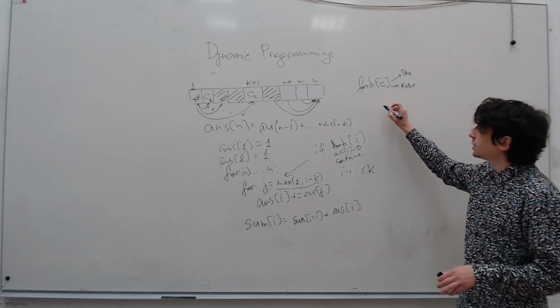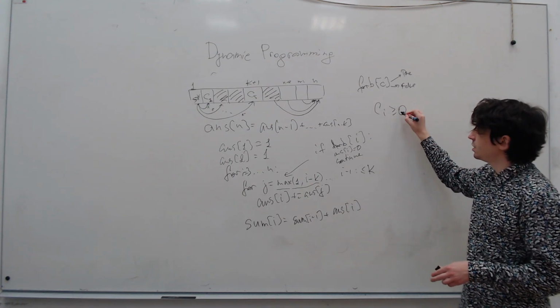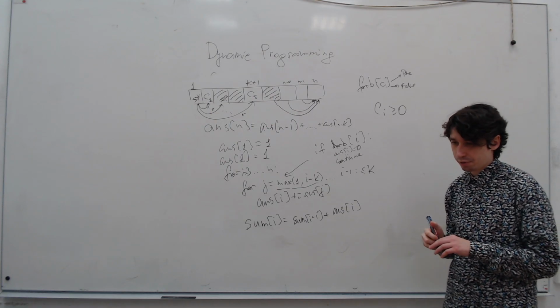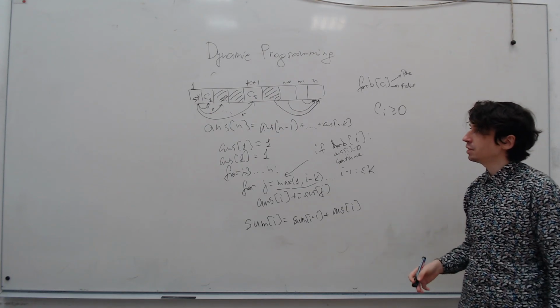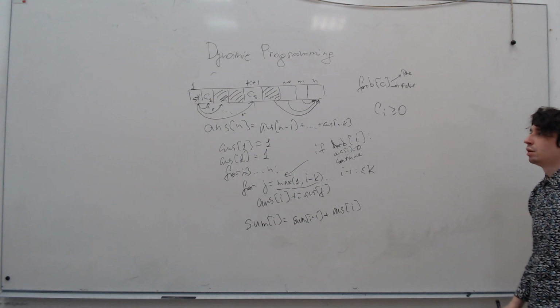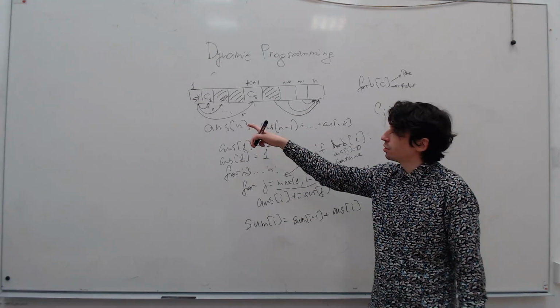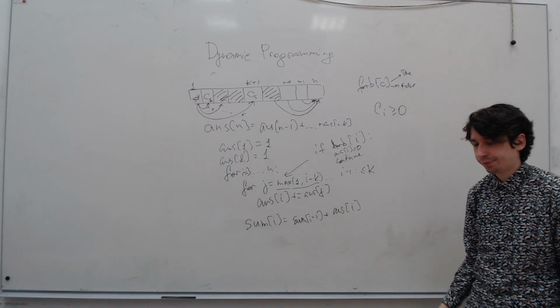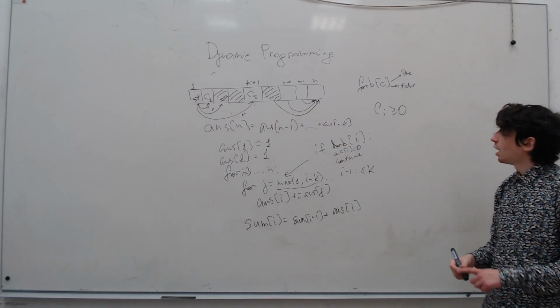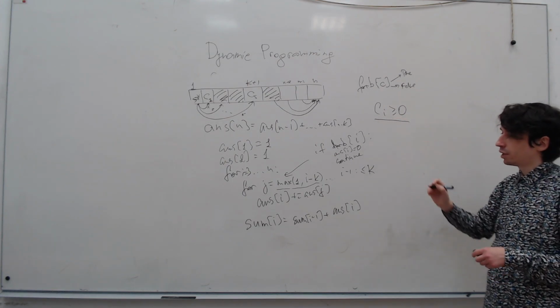If Ci is greater than or equal to 0, can you tell me how to get the most coins when you pass from 1 to n, under the condition that all coins are greater than 0?